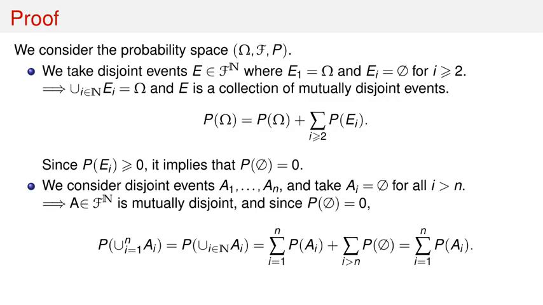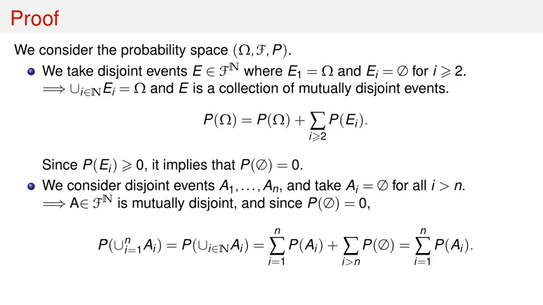For finite additivity, consider a finite set of disjoint events A_1 through A_n. We can extend this to an infinite sequence by setting A_i equals empty set for all i greater than n. This new sequence A_n in script F is mutually disjoint.